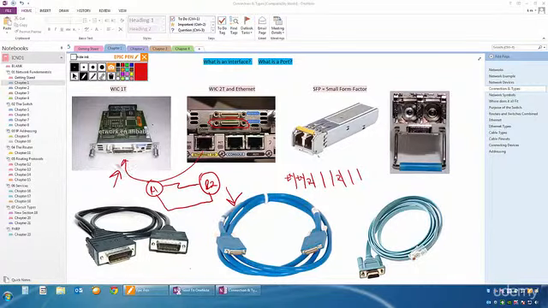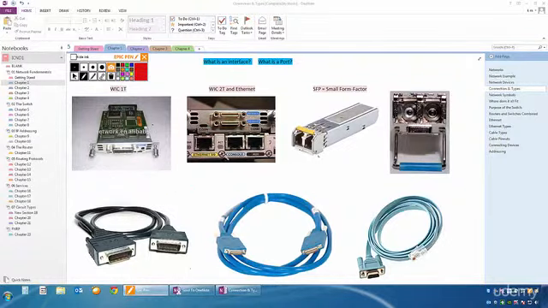So if you have a WIC 1T on one side, obviously you're going to have a WIC 1T on the other side. If you have a WIC 2T on one side, obviously you're going to have a WIC 2T on the other side. As of now, if you want to actually find the adapters or the cables that go from a WIC 2T to a WIC 1T, that's fine.